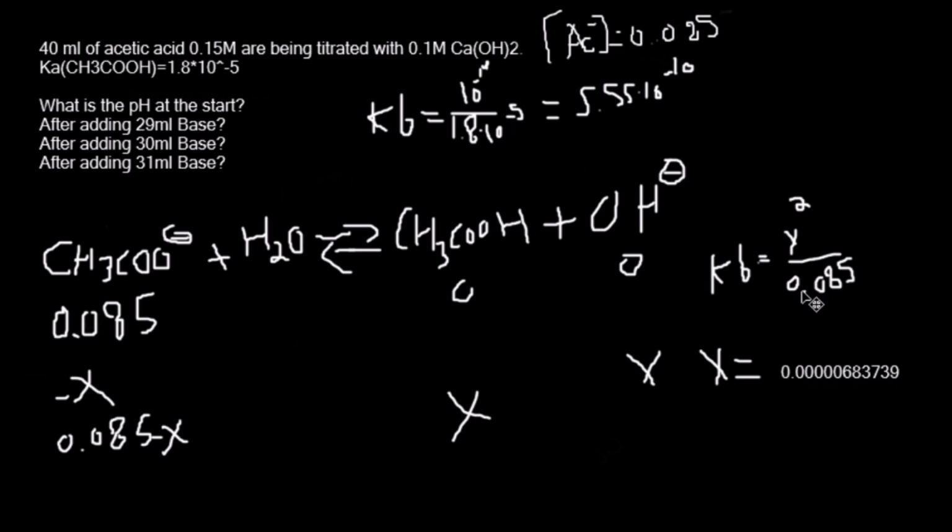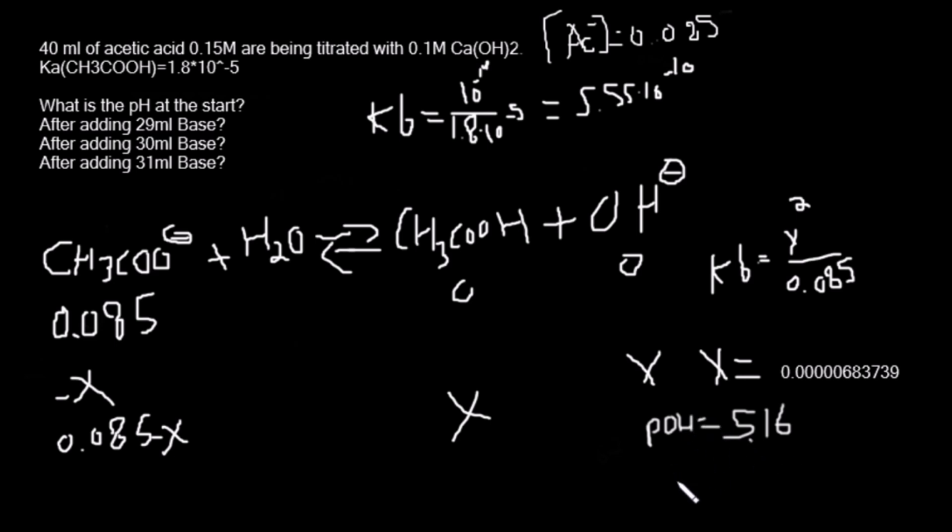And to find the pOH, you're going to do the minus log of this number, and you're going to get 5.something. This is the pOH.